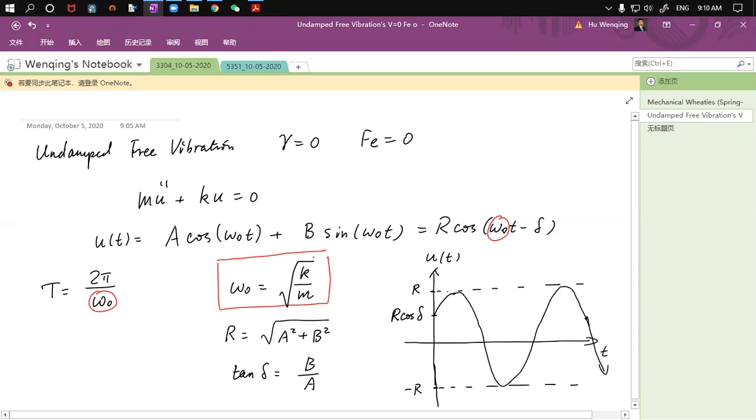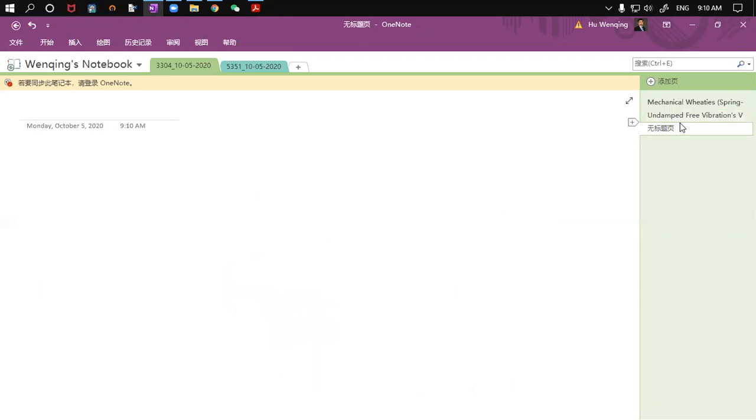That's pretty important, and that's what we call the natural frequency. The natural frequency omega 0 is equal to the square root of k over m.